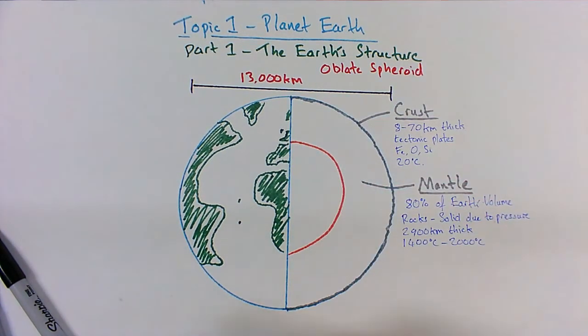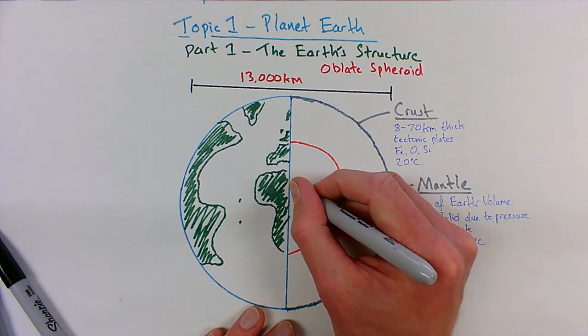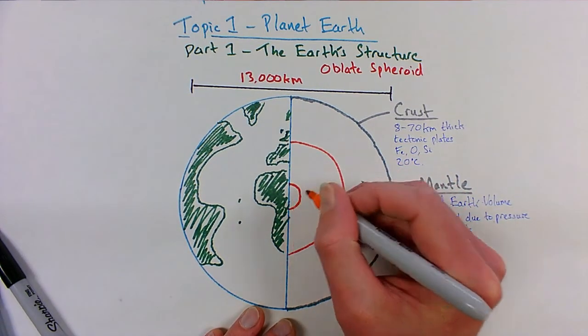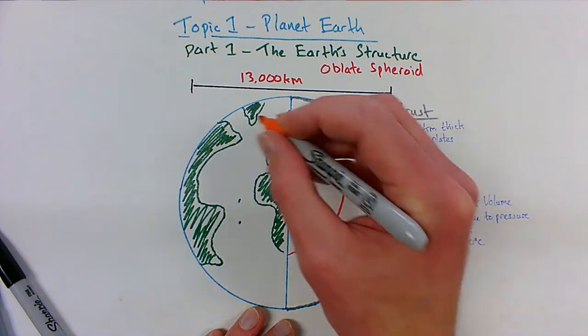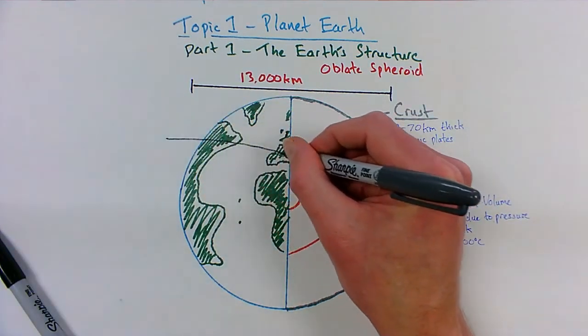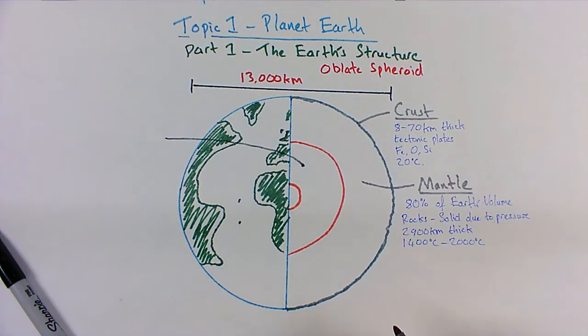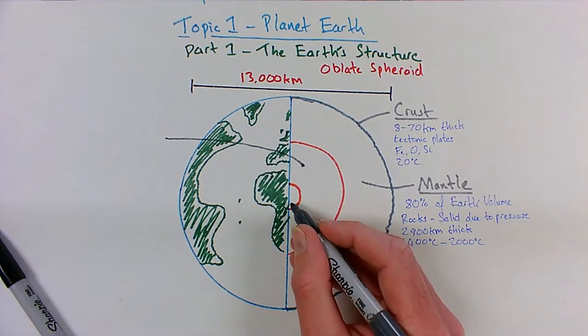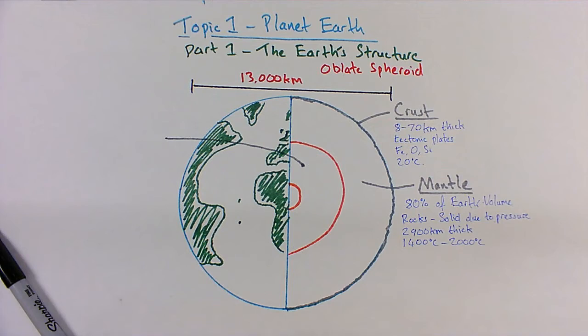In here we've got our core, and the core gets broken up into two parts. We've got the outer core, which is now here. Let's label that. This area here is the outer core, and then we've got the final bit here, which is the inner core. But first of all, the outer core.